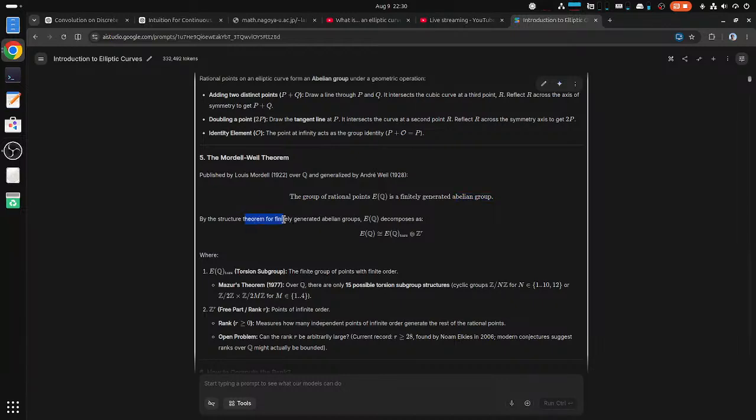By the structure theorem for finitely generated abelian groups, E(Q) decomposes.